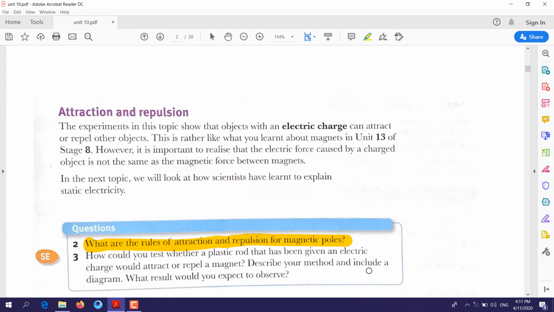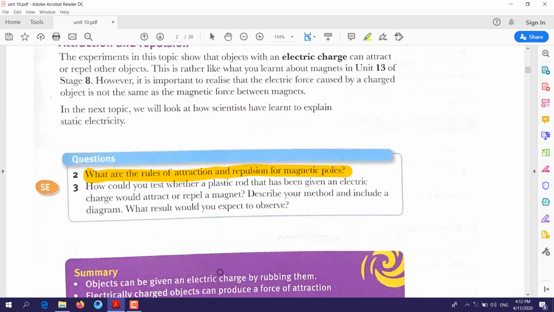Describe your method and include a diagram. The diagram will be as I just mentioned: if both have the same charge, they will repel each other. If they have different charges, they will attract each other.